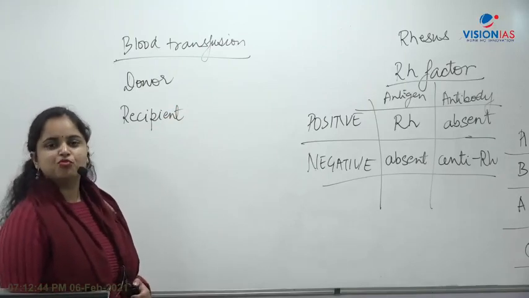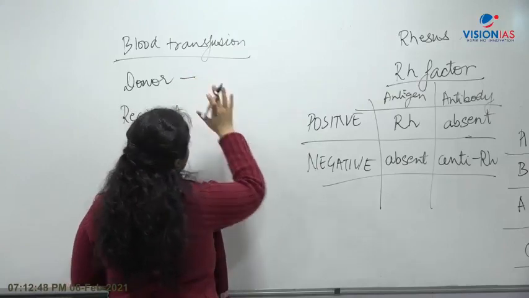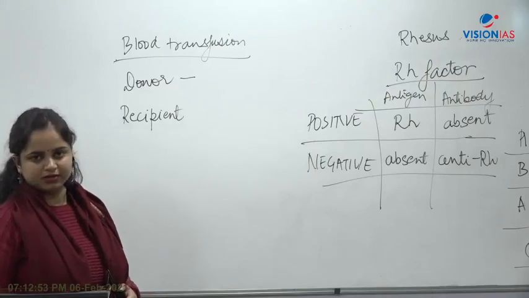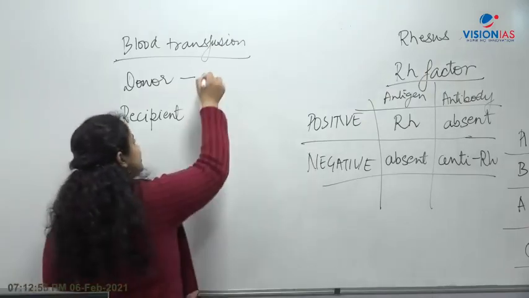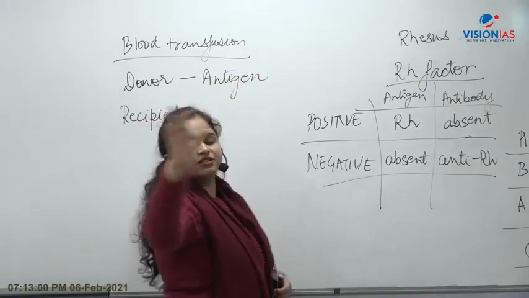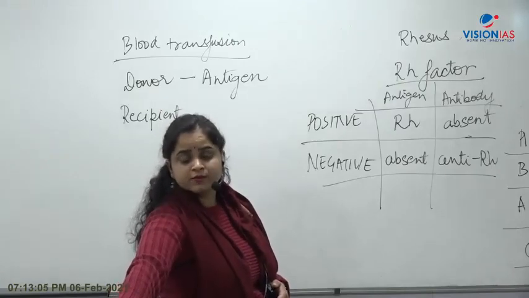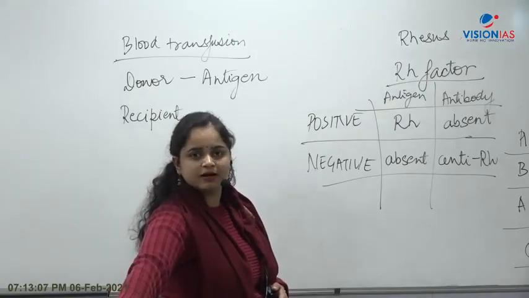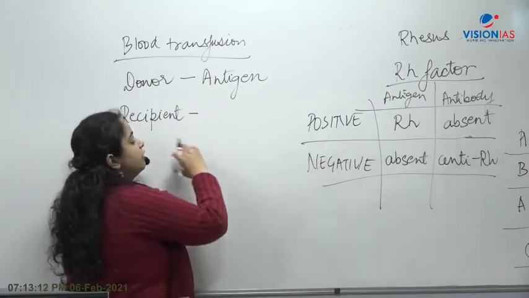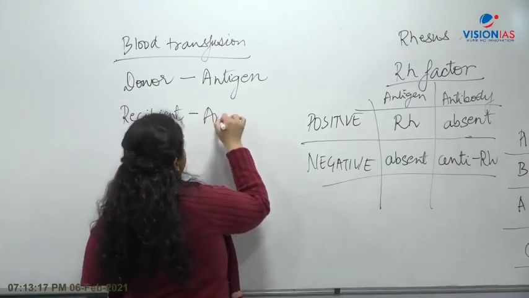So when we have to match our blood, the donor's blood is going to go into the body of the recipient. So the donor's antigen is important because antigen will stimulate the immune system. Whose immune system? The recipient's immune system, because the recipient is getting this blood. So the donor's antigen has to be considered, and what antibody the recipient can make, that has to be considered.